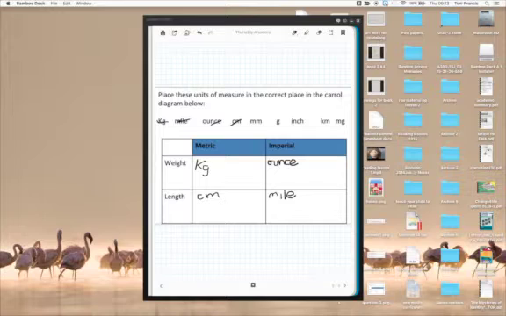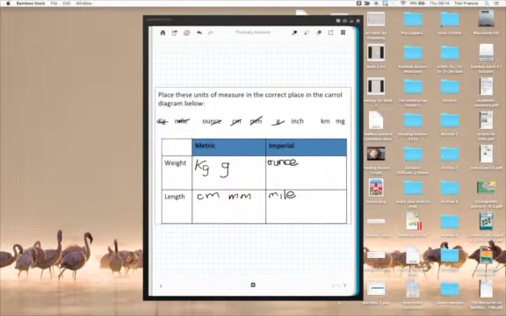Millimetre. Weight or length? Well, it's length. Metric or imperial? It's metric. Grams. Weight or length? Well, it's weight. Metric or imperial? Metric.